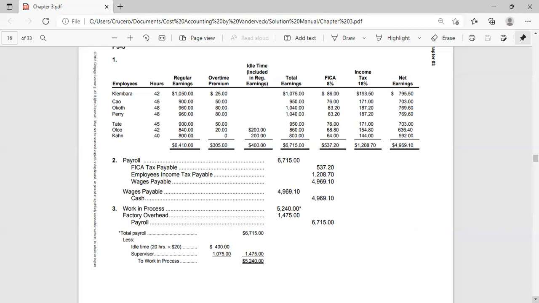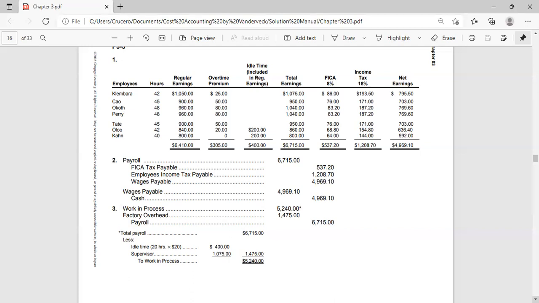We have now for Perry, 48 hours. Tate now is 15 plus 15 plus 15, meaning 45. And then Ulo, total hours worked is 42 minus 32, meaning there are a total of 10 hours idle. Then for Khan, 40 minus 30 is equal to 10 for the idle time.